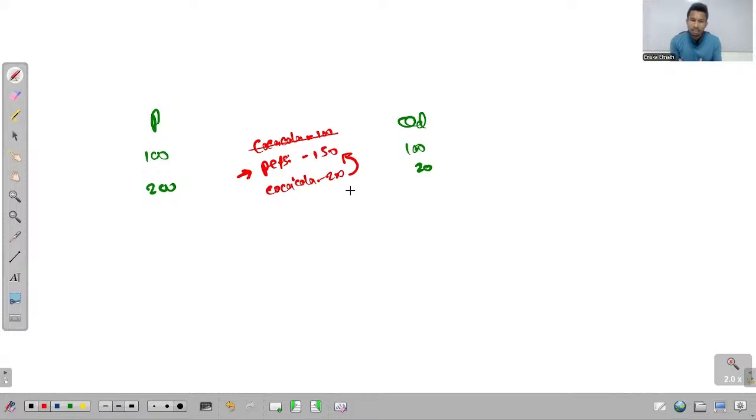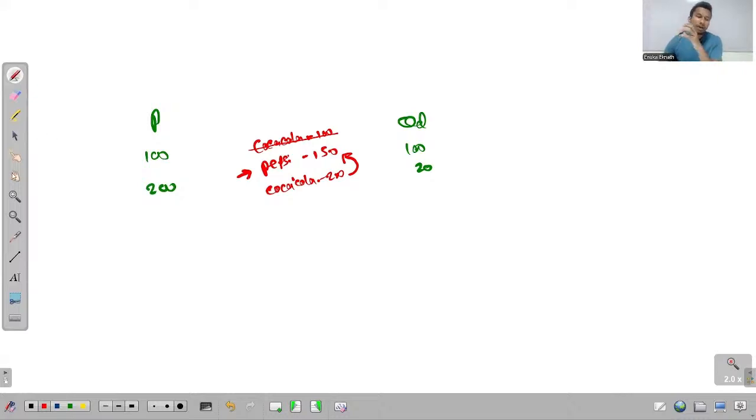And this reaction occurs due to the relative price of the two products. Earlier, Coca-Cola was relatively cheaper, so consumers were consuming that. But now, compared to the new price of Coca-Cola, Pepsi-Cola is relatively cheaper, so they are moving from Coca-Cola to Pepsi-Cola. So this response of the consumer to the relative price of the goods, we recognize as the substitution effect.